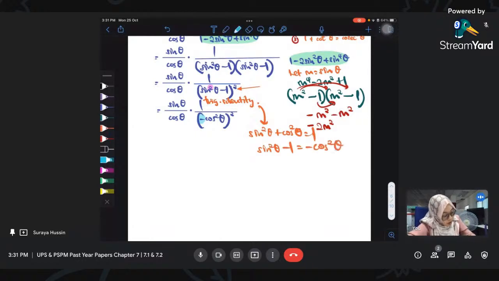So that is where the negative coming from, because you are just rearranging the trig identity. So trig identity ni usually always come the last. He is always the one, the last hero lah. Okay, the last hero that will muncul. And so tak habis-habis lagi sine of a cos ni. So sine of a cos times 1 over cos to the power of 4.